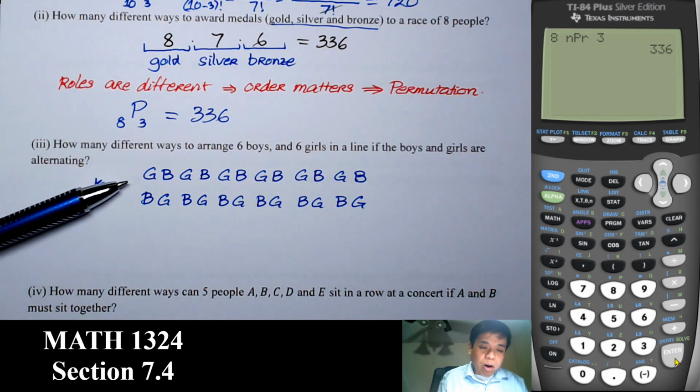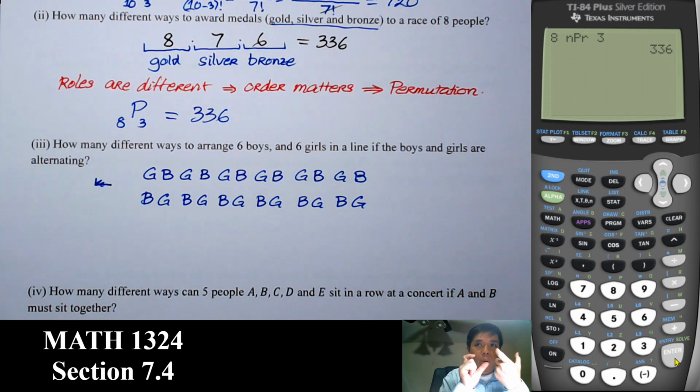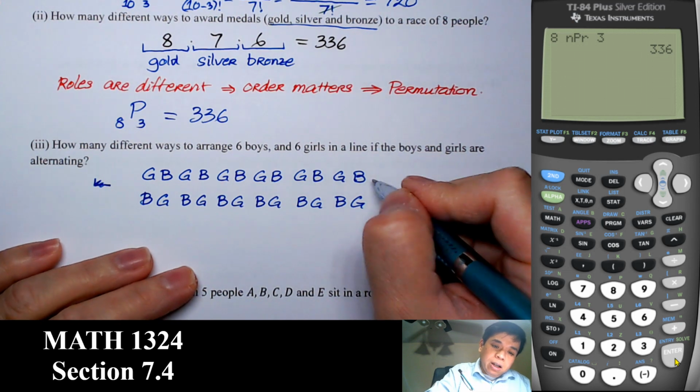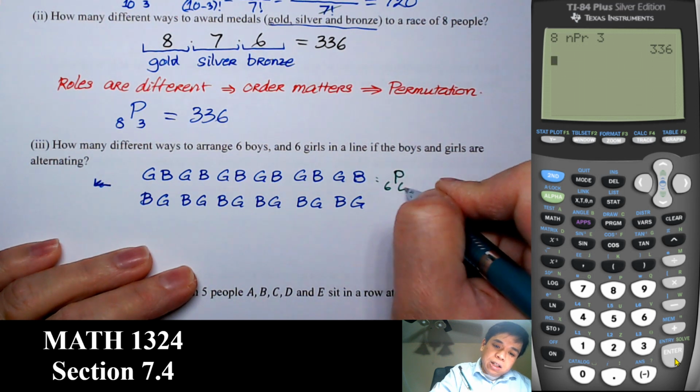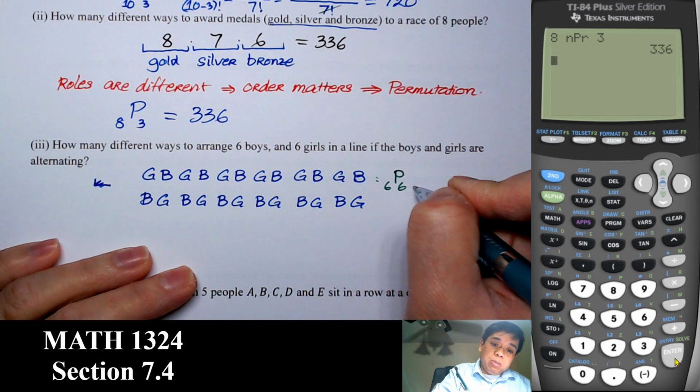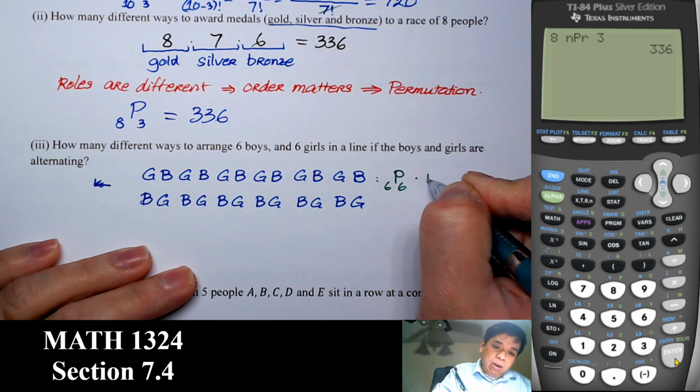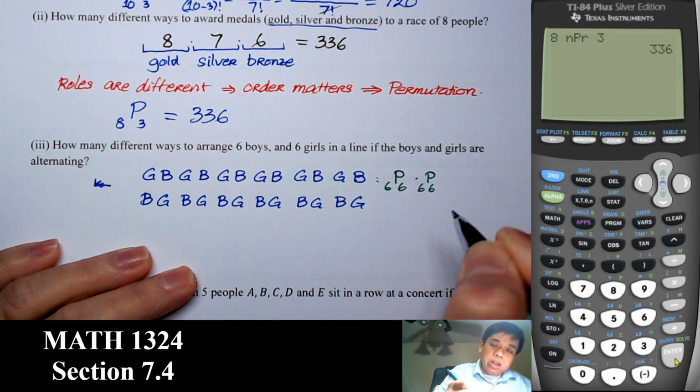And for each one of them, you're going to put 6 boys into 6 places, and then put 6 girls into 6 places. Again, if you put 6 into 6, 6 into 6, that means you have P of 6, 6 to arrange 6 boys in 6 positions, and arrange 6 girls in 6 positions.